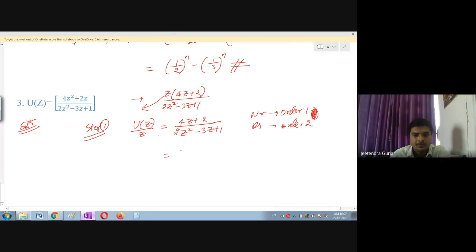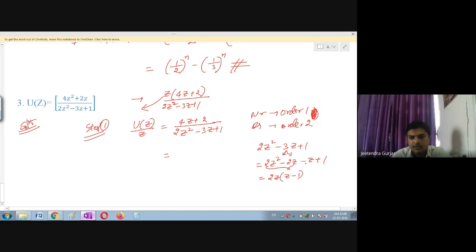Okay, so first I have to simplify 2z squared minus 3z plus 1. You can split this in terms of 2z and z plus 1, student, so that you can simplify. Next, from this I will take 2z common, so here z is remaining, right?